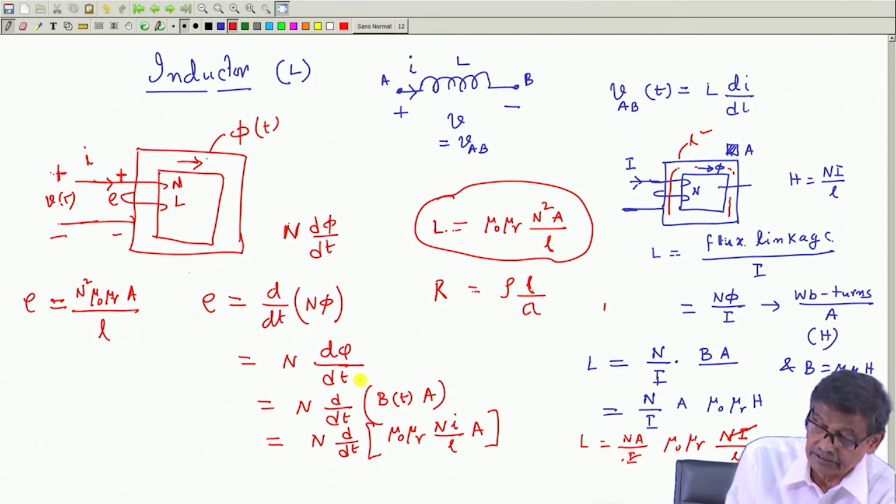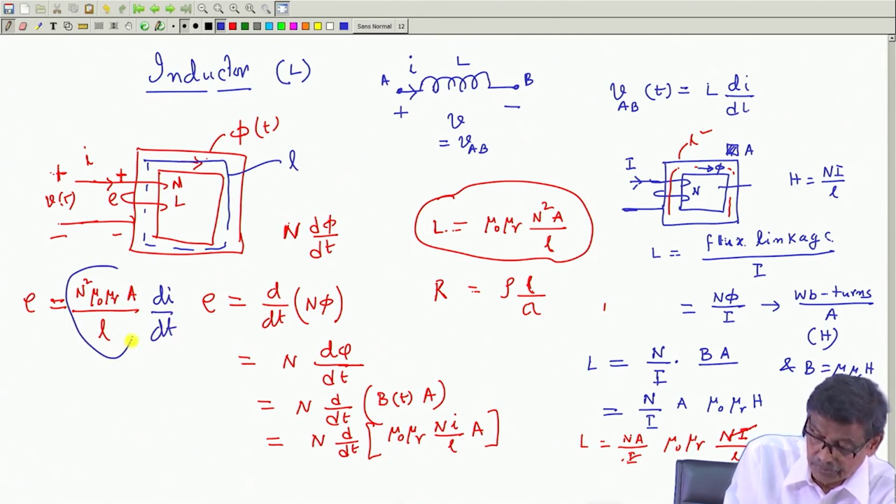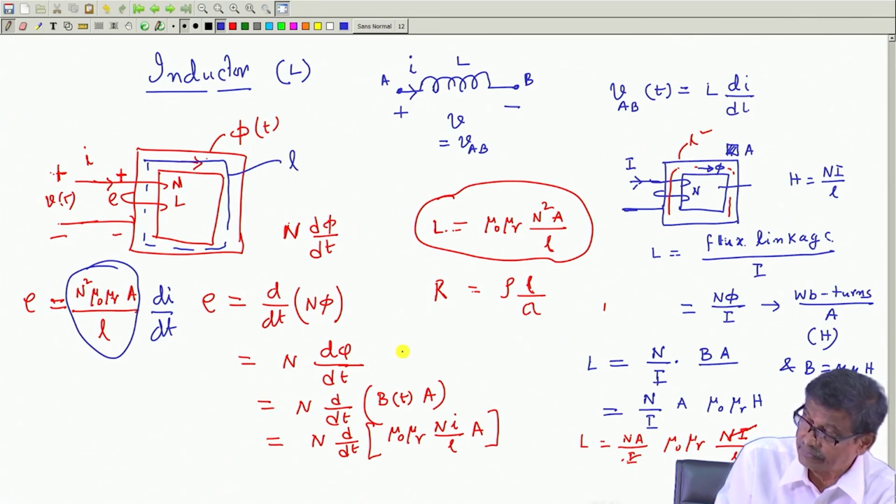What is this small l? Small l is the mean length of the magnetic circuit. It depends upon the physical dimension of the coil. So, this into dI/dt, but we have already defined this to be my inductance.